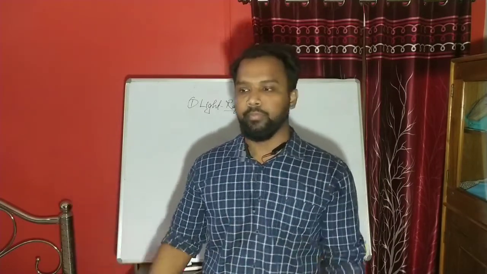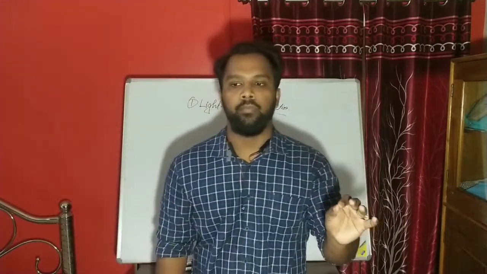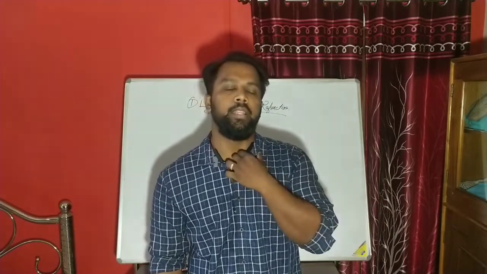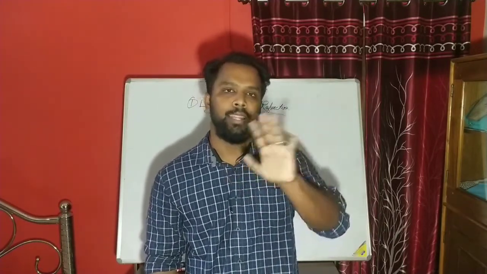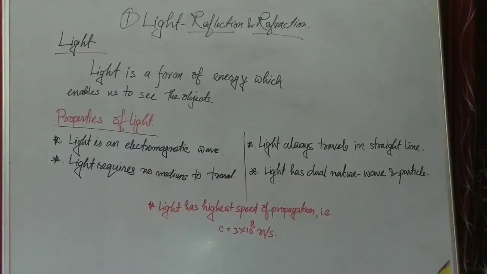We can write some properties of light, and I have written them here, along with the definition of light. Light is a form of energy which enables us to see the objects.